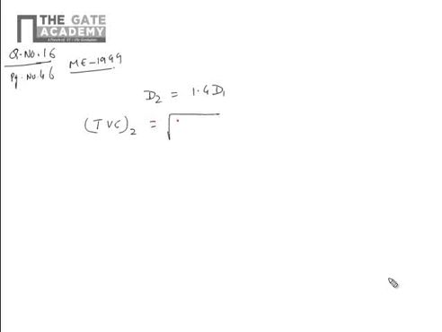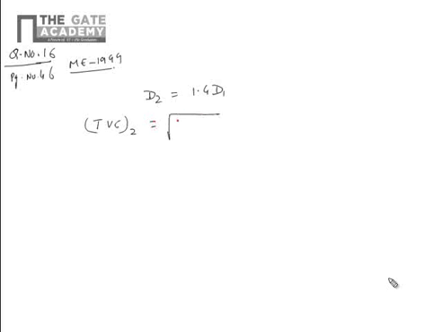Total variable cost equals square root of 2 D2 C3 C1. So it is nothing but square root of 2 into 1.4 D1 C3 C1.